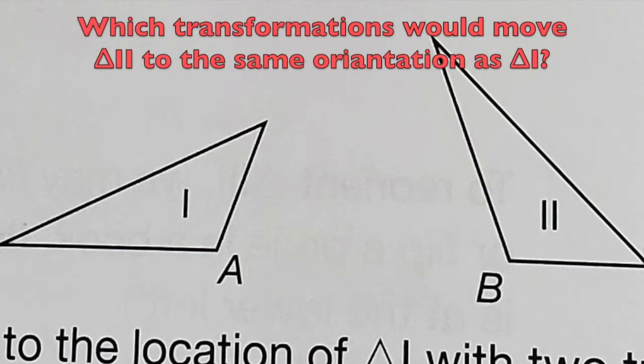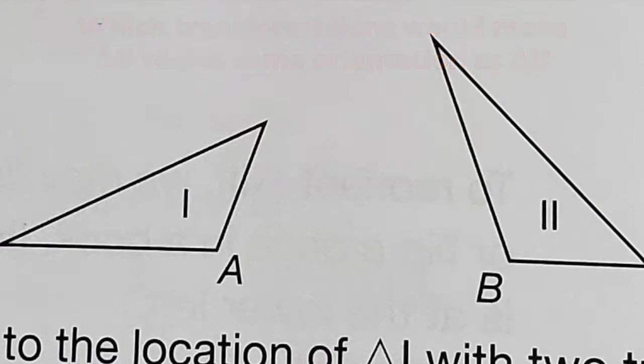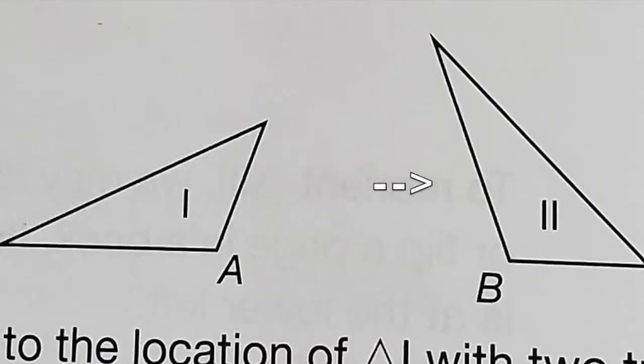So now the first question for you is, which transformations would move triangle 2 to the same orientation as triangle 1? As I mentioned earlier, the transformations are the movements themselves, and orientation means position. So in this case, we want to move triangle 2, the one on the right, triangle B, so that it has the same orientation, the same position as triangle 1, triangle A. First things first, we are going to rotate.